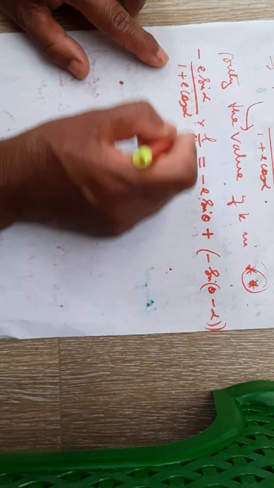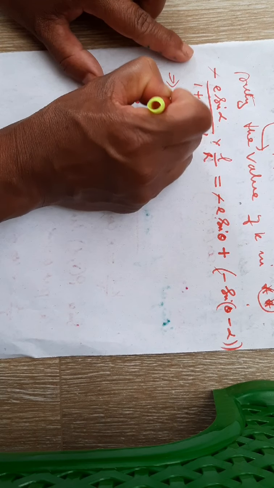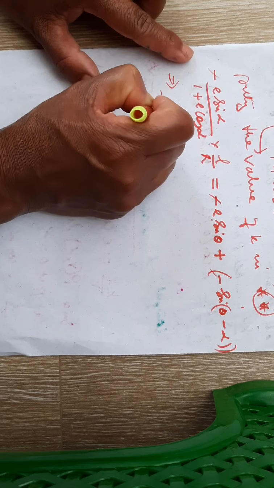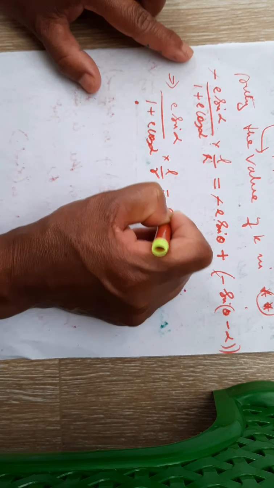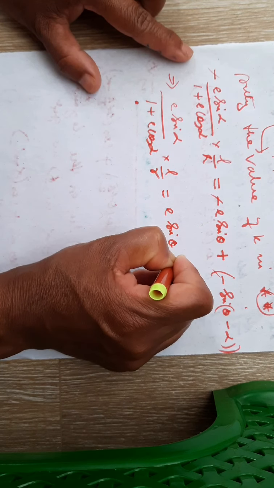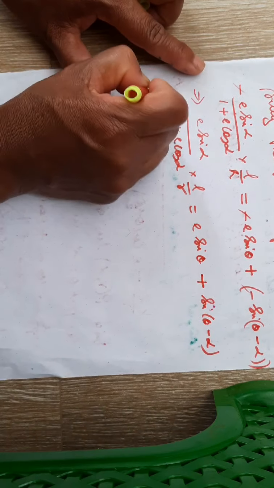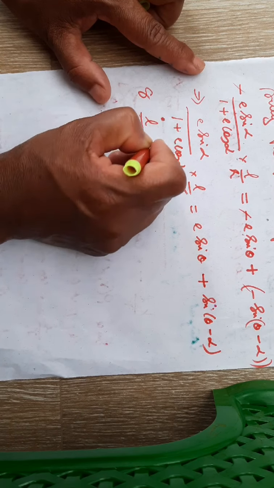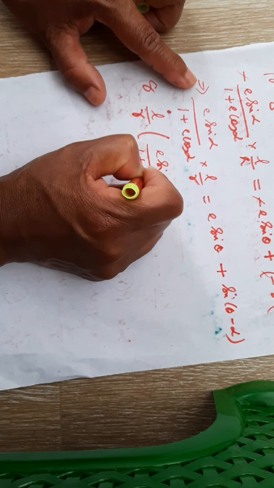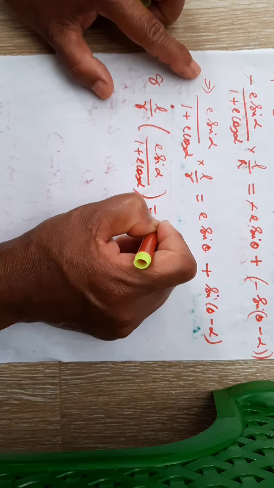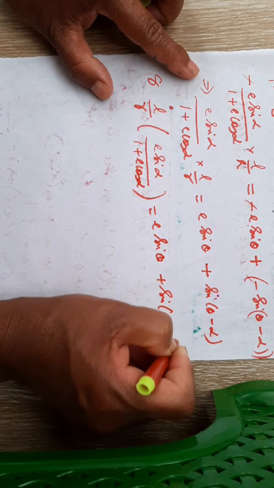So now here you see that the minus sign can be cancelled throughout. So you'll get e sine alpha by 1 plus e cos alpha into L by R is equal to e sine theta plus sine of theta minus alpha, or L by R into e sine alpha by 1 plus e cos alpha is equal to e sine theta plus sine of theta minus alpha.